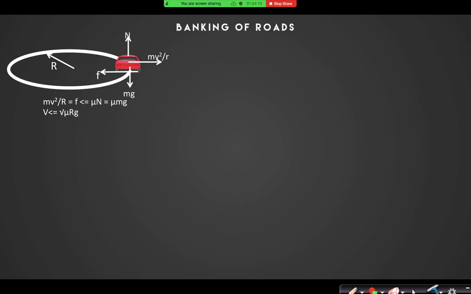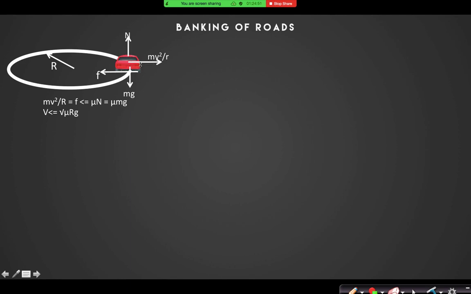Okay. So I have drawn a circular road, and this is basically a circular horizontal road, right? The radius of that circular road is r, and a car is moving on that circular road with a speed v, right? The speed of the car is constant. Now if I draw the free body diagram of that car, I will move into a rotating reference frame, and you can see the forces I have shown here: the normal reaction, the mg and the friction force, and mv square by r or m omega square r as the centrifugal force.